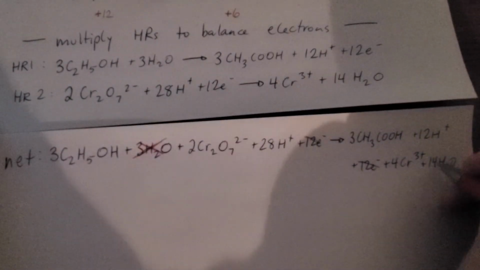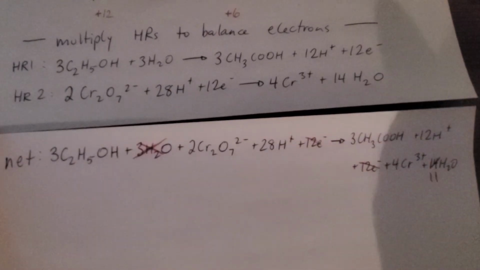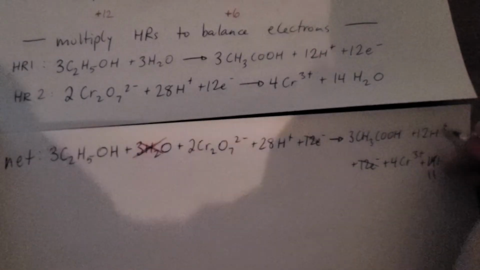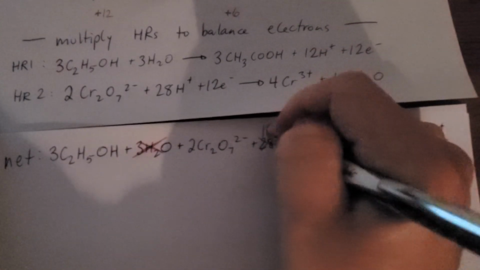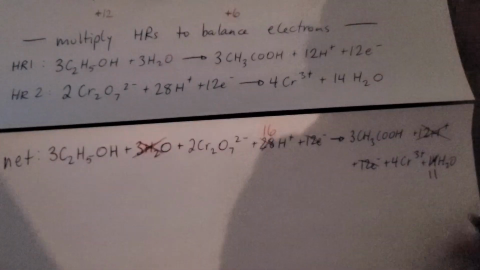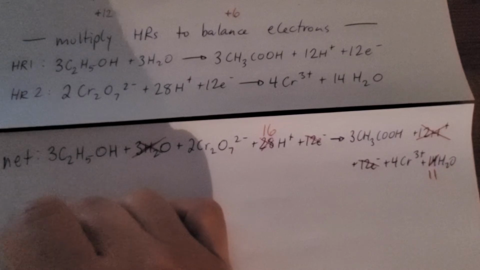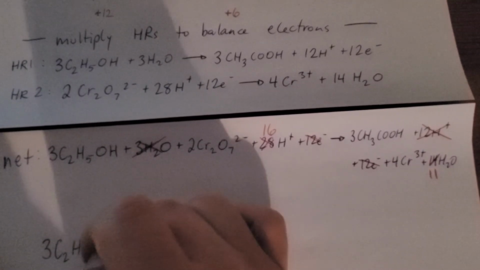These guys go away. This is going to become an 11. I think you'll agree with that. And then the H pluses, these 12 will go away. I'll subtract 12 here. This will become a 16. So my net, my final reaction here, should look like this.